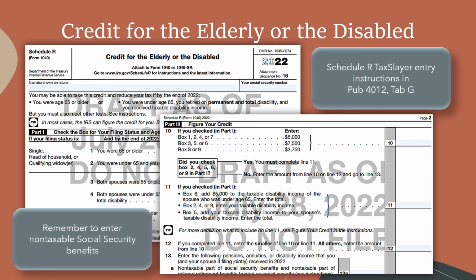And just remember that even if we have a taxpayer who is going to have non-taxable Social Security benefits, they need to get entered into the return because that's important in determining whether our taxpayer is going to qualify for this credit.